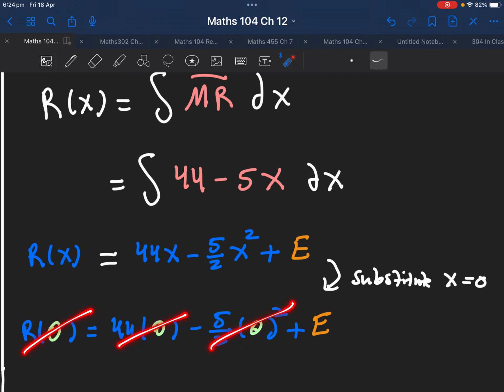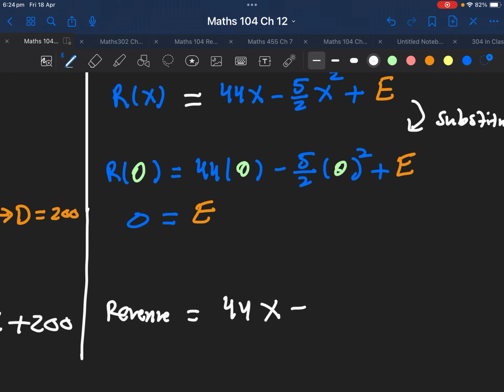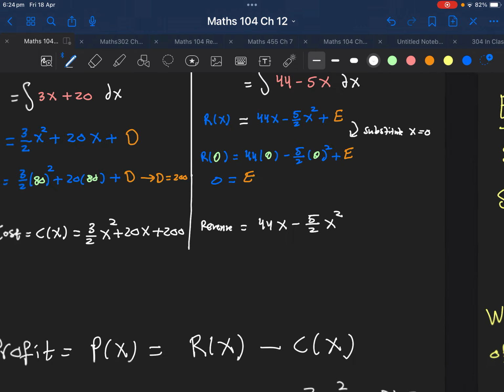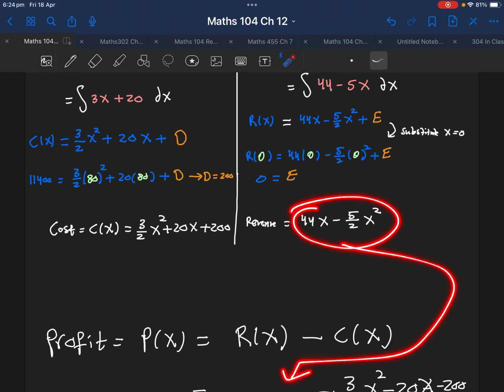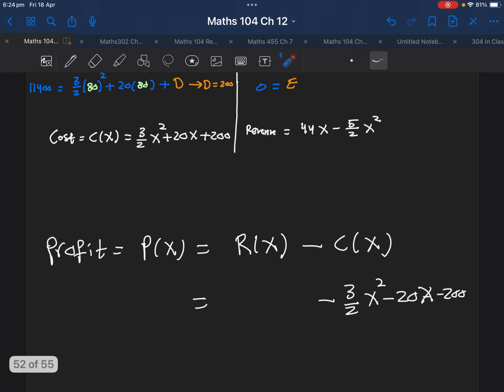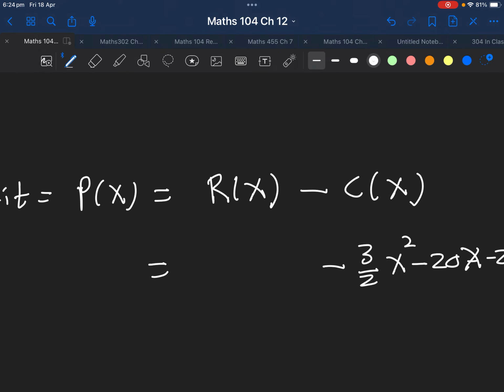That means the revenue is only 44x minus 5 over 2 x squared. And that needs to be written here to find the profit.